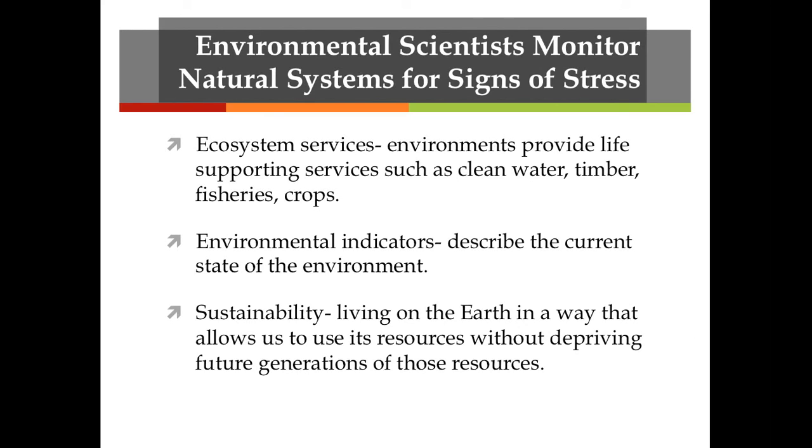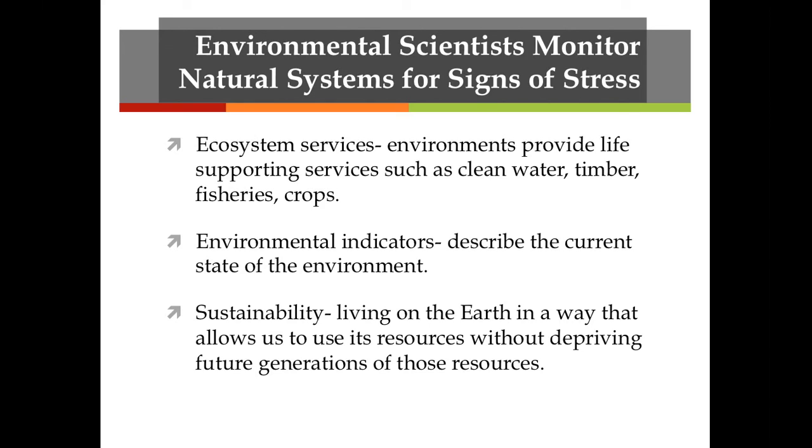Scientists monitor natural systems for signs of stress. One critical question that environmental scientists investigate is whether the planet's natural life support systems are being degraded by human-induced changes. So, we want to know, are our natural resources being hurt by what we are doing to our planet?